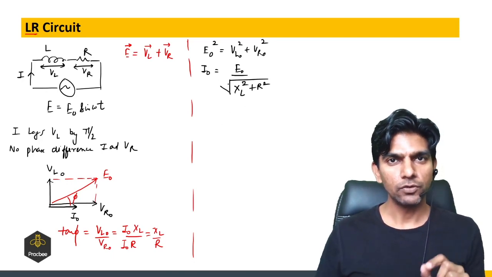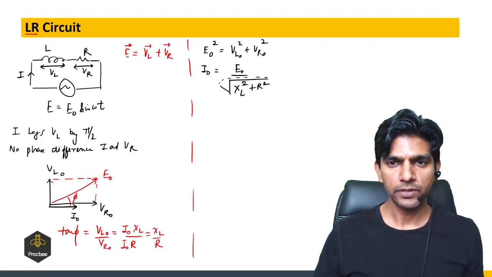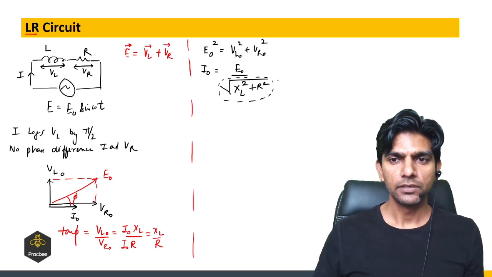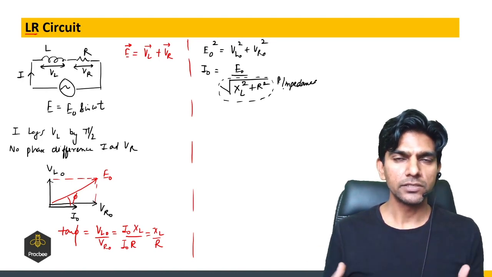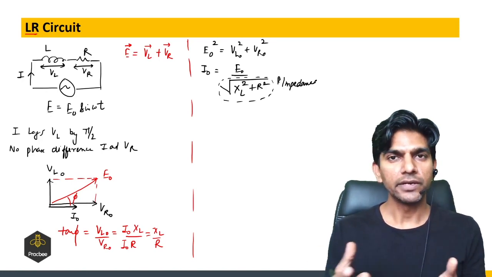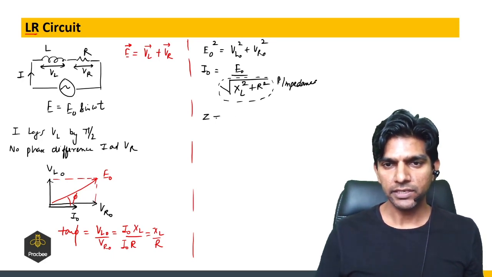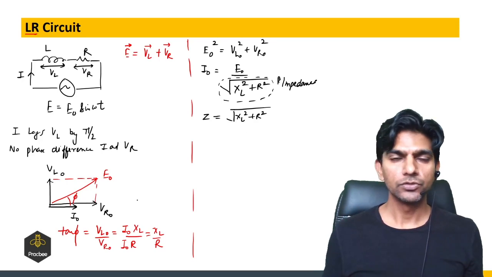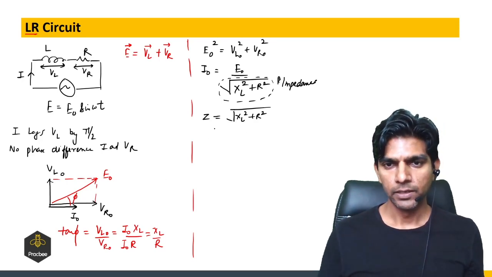So this is the value of peak current, and the denominator is known as impedance. Impedance is like the resistance offered by the series combination of L and R to the alternating current, and it is denoted by Z. So it will be root of XL square plus R square. You should remember this formula also.